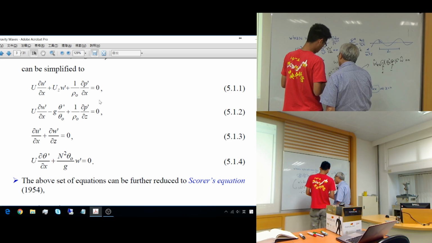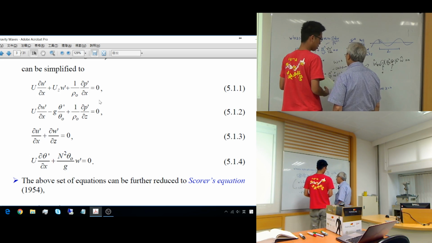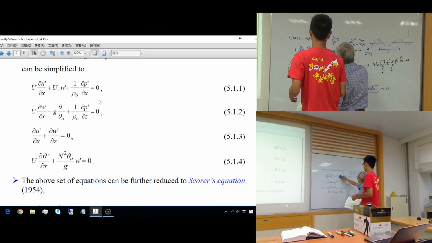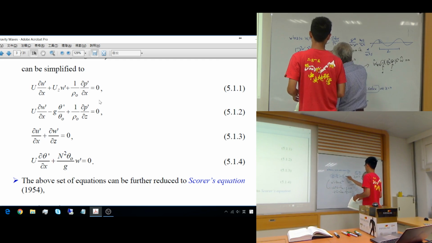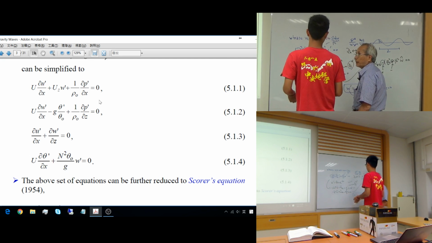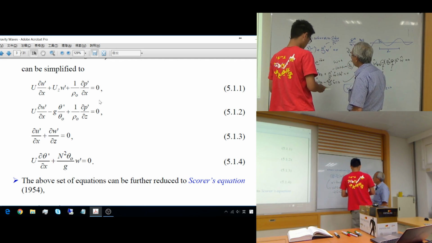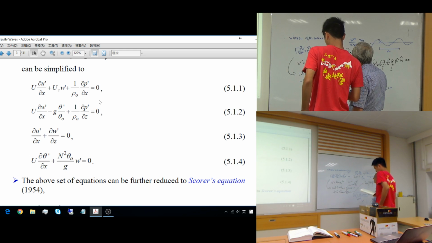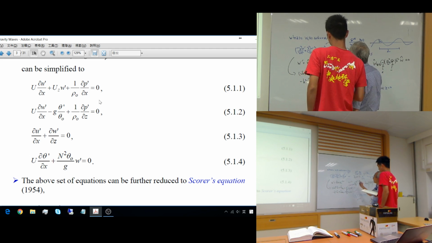So this is correct. It's all correct, because otherwise the unit doesn't check.